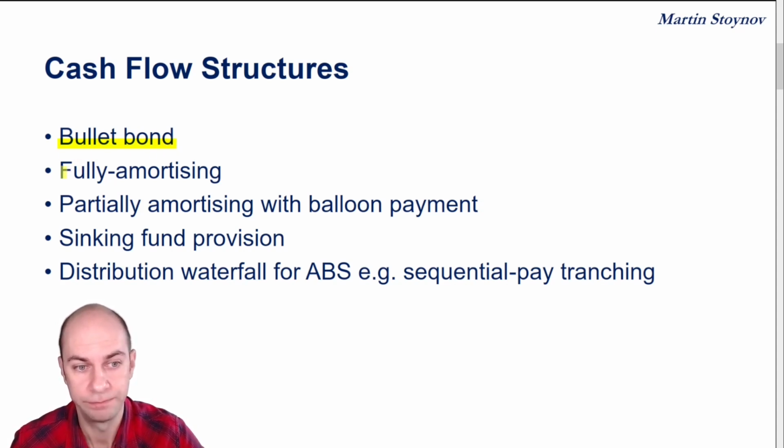Another structure is the fully amortizing structure. Now, what do we mean by fully amortizing? Think about a traditional mortgage, right? So let's say we take a 30-year mortgage, and the payment of that mortgage contains quite a bit of interest and a little bit of principal.